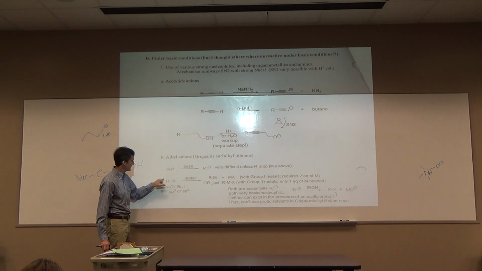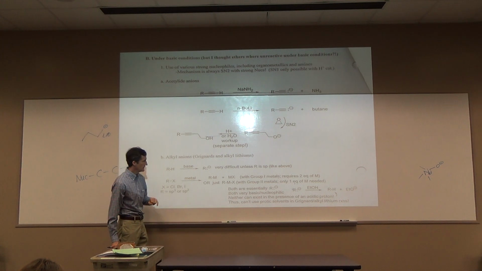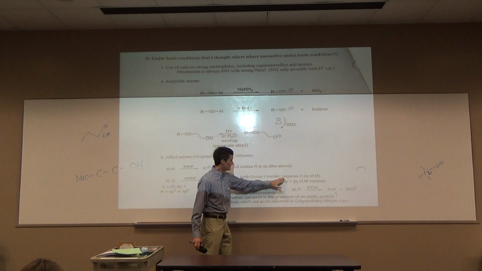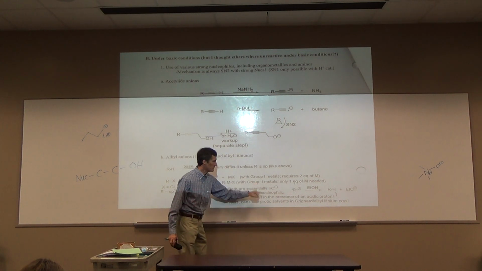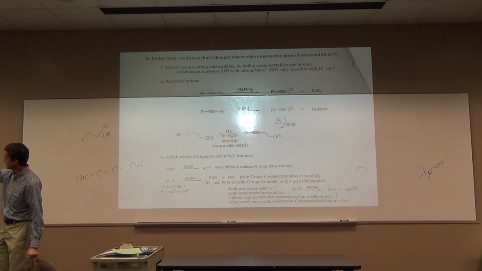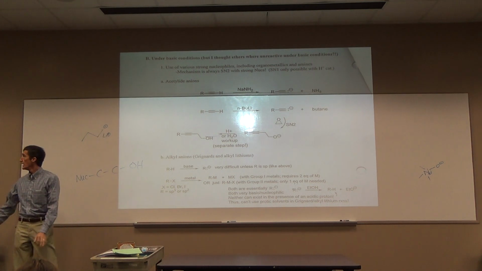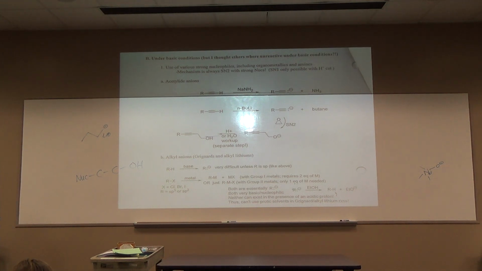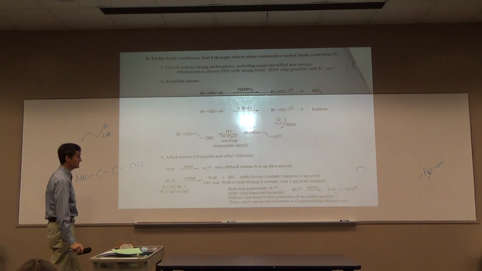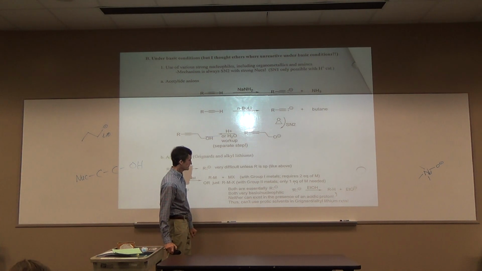But basically, you treat these with some type of metal, usually a group 1 metal or a group 2 metal. Group 1, for example, lithium, will give us something like this. Group 2, magnesium.